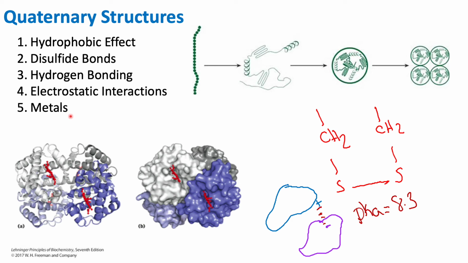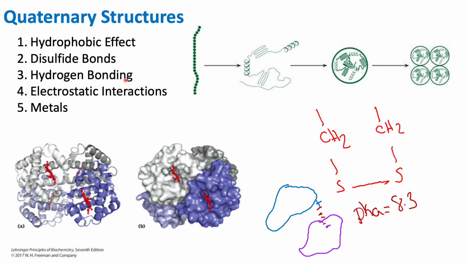Now, if we don't have metals to balance out that charge, and we have a lot of groups that have a negative charge, we will see repulsion, which is not beneficial to the quaternary structure. It's actually going to disrupt it. So, out of these 5 characteristics of quaternary structures, these structures can be disrupted if we have too many negative charges or if we have too many positive charges and there's repulsion.